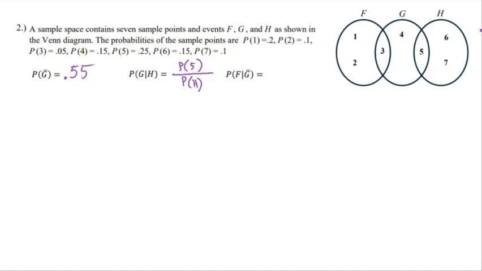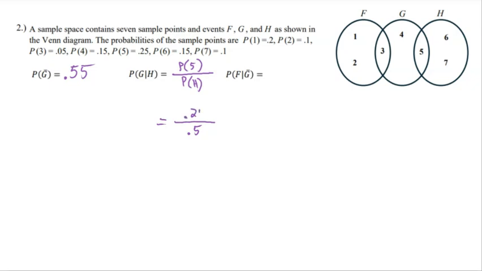Well, the probability of H is going to include everything in H, which is 6, 7, and 5. So probability of H is going to be 5, 6, and 7. So that's 0.25 plus 0.15, that's 0.4, plus 0.1, that's 0.5. So the probability of H is 0.5, and the probability of 5 is just 0.25.